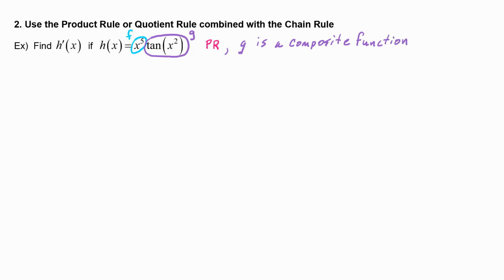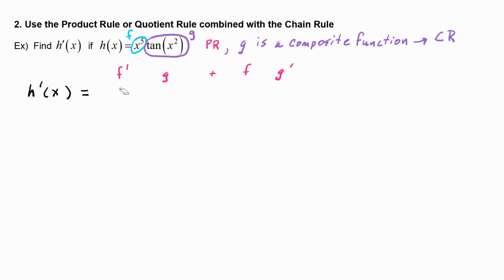And anytime you have a composite function, that tells you you are going to have to use the chain rule. So if we work on h prime of x, we know that we will have to do f prime g plus f g prime.